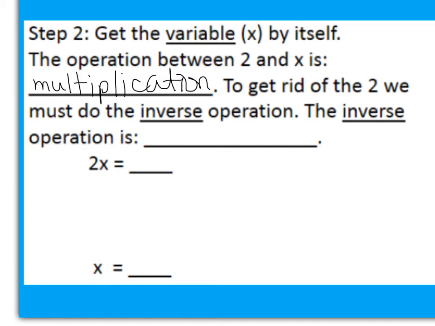The inverse operation is division. So we had before 2x equals 4. So we have to divide by 2 on both sides. 2 divided by 2 becomes our 1, which gives us our 1x. And 4 divided by 2 is 2. So x equals 2.